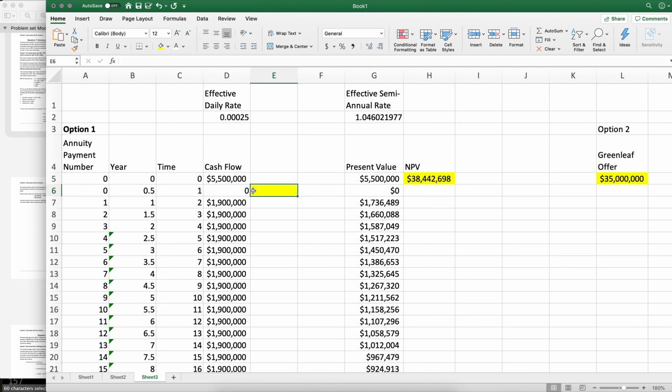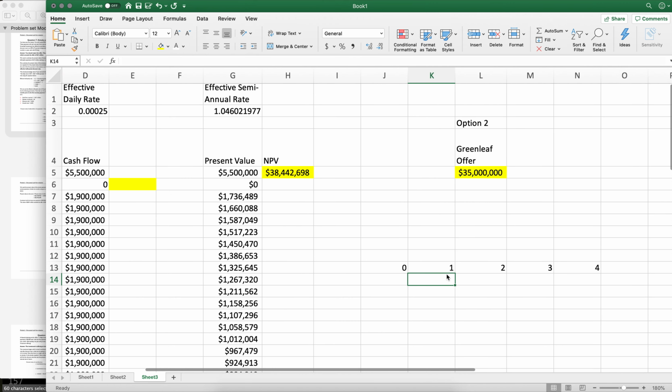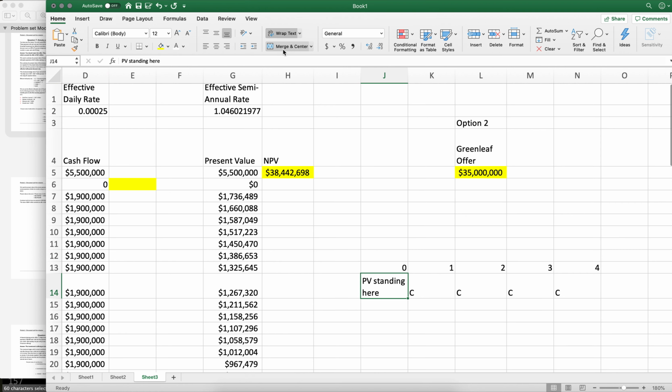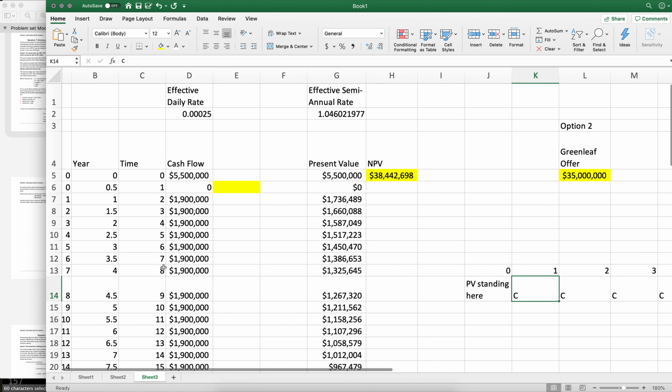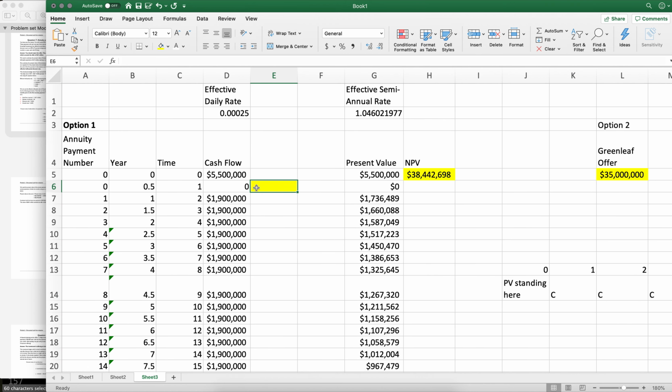Remember, when I told you in class, you would have some cash flow, C, and the value of the annuity would be PV standing here. So you're standing at time 0, you get it in the next time period. So you can value this as an annuity, but notice that you'll be standing at time 1.